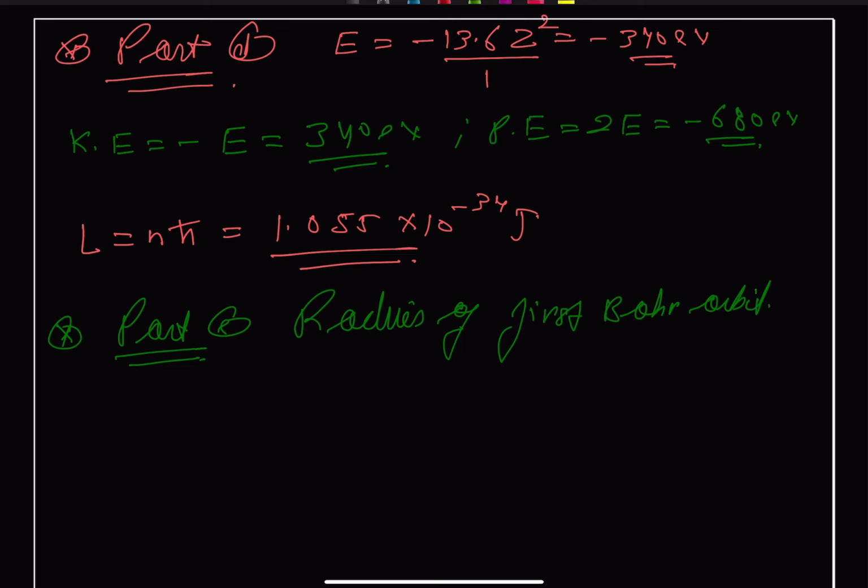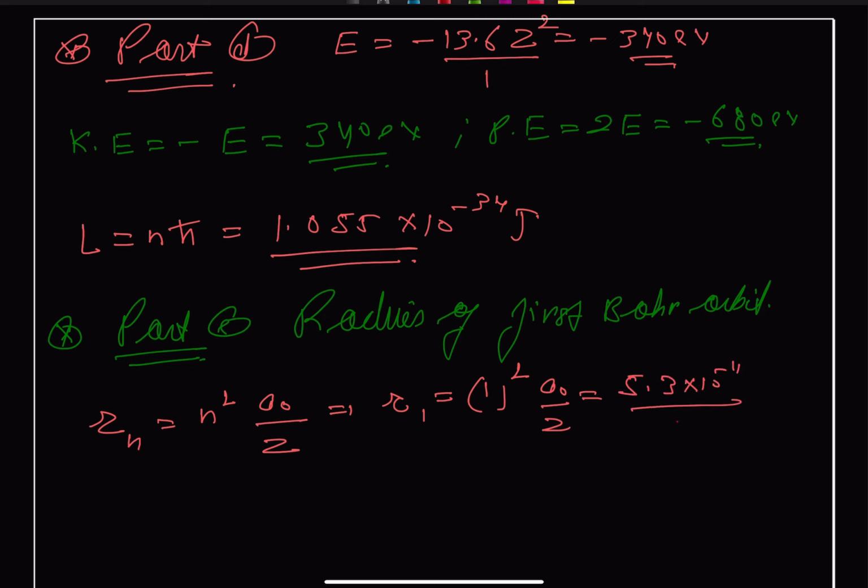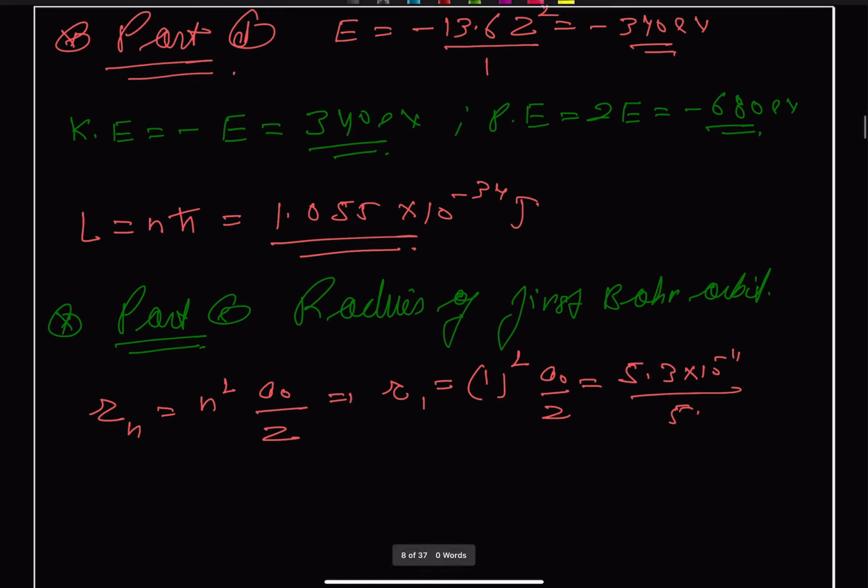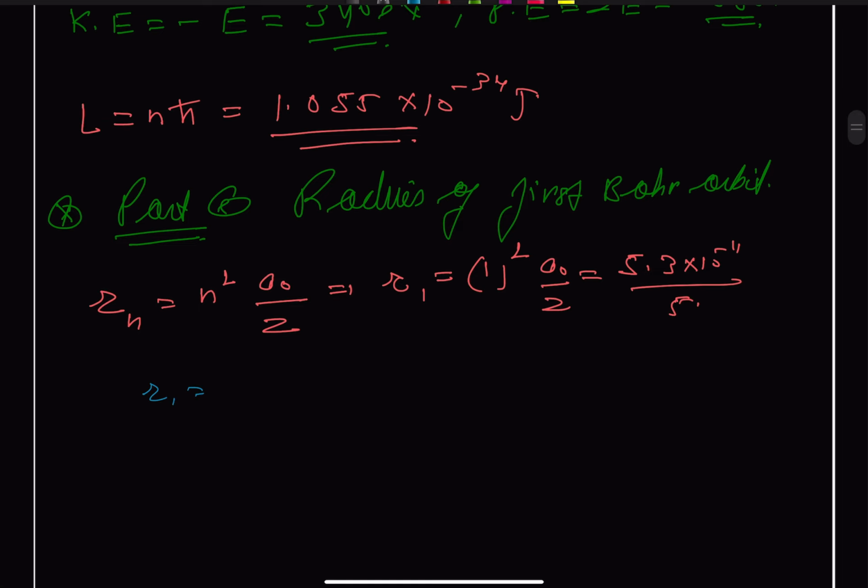For nth orbit, we know the formula that R of n is equal to n square a naught upon Z. So we can write R1 will be equal to 1 whole square a naught by Z, and a naught is 5.3 into 10 to the power minus 11, Z is 5. So we get R of 1 will be equal to 1.06 into 10 to the power minus 11 meters.